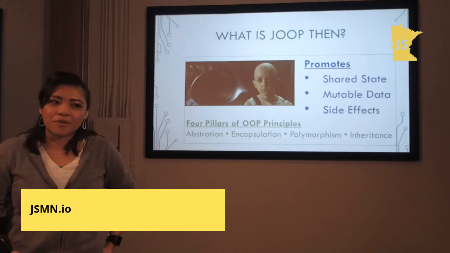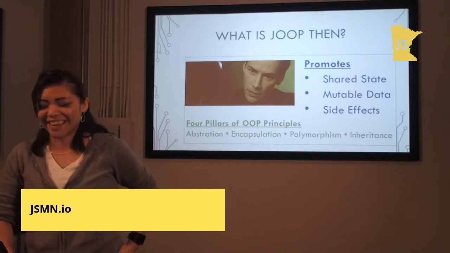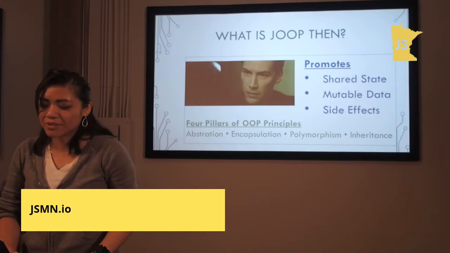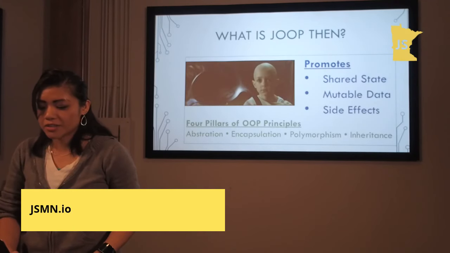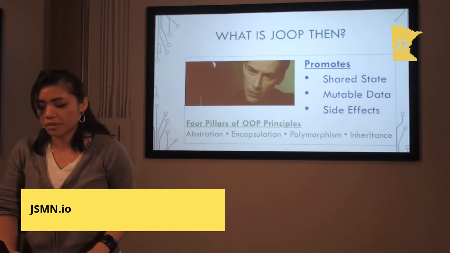I'm not really going to go into that today because this is a lightning talk, but I will talk a little bit about inheritance. If you have questions about the other stuff, you could ask me later or look it up.